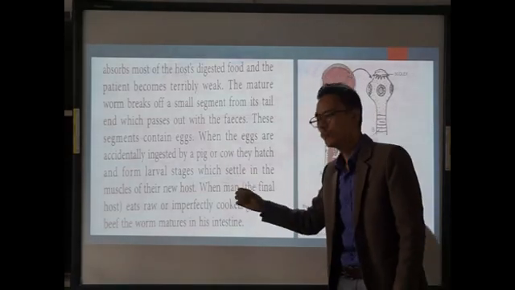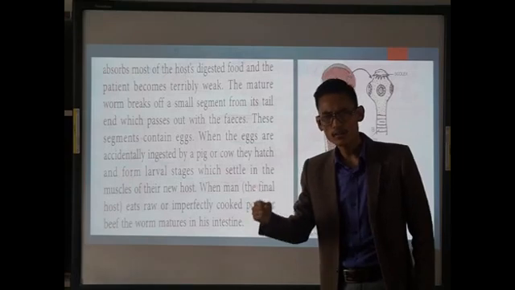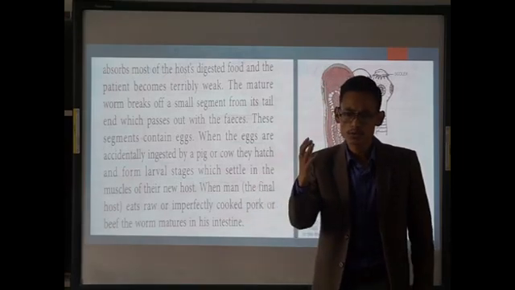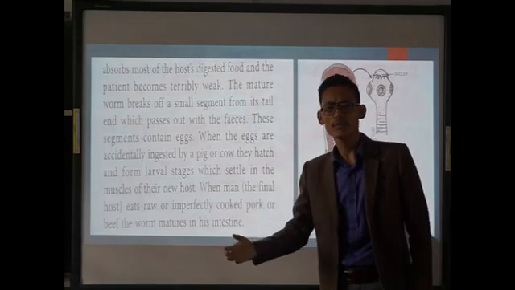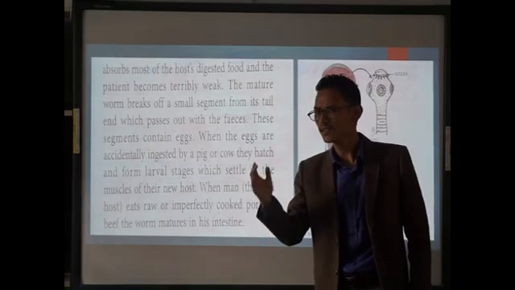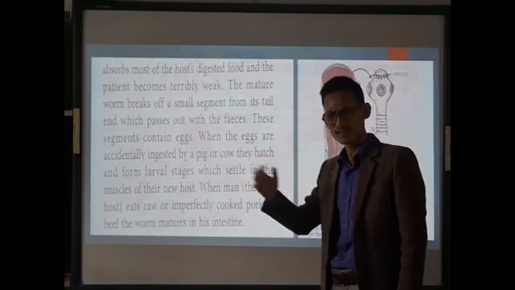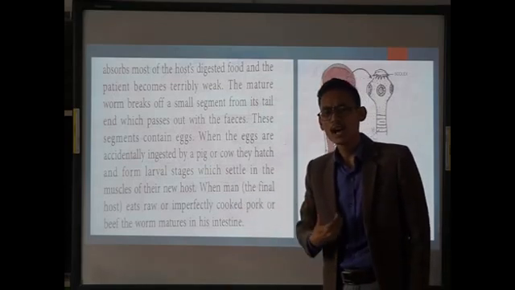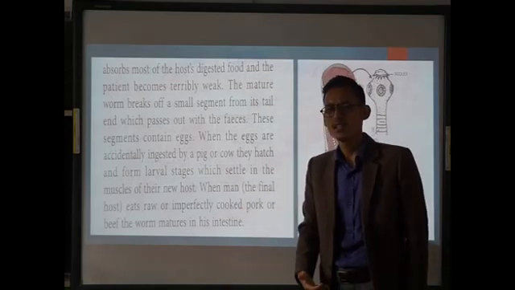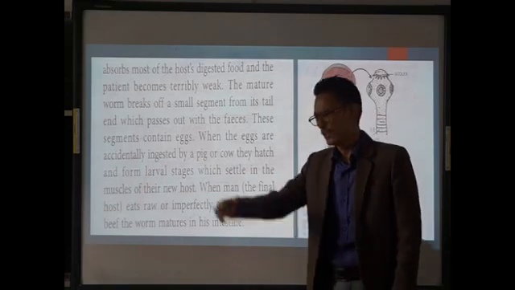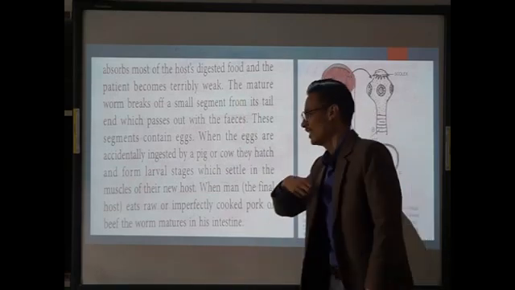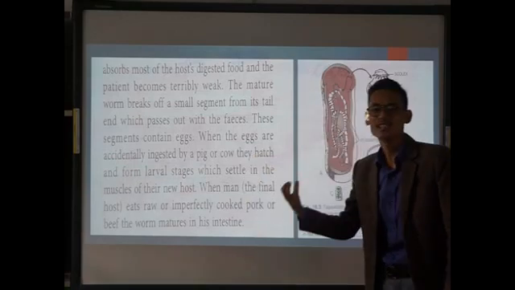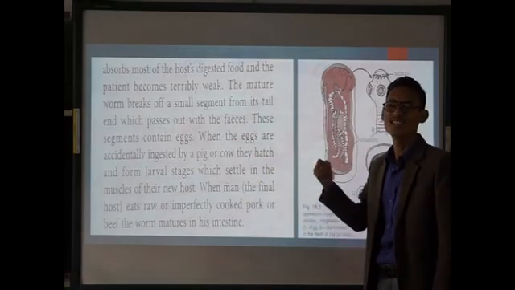And once the final host, the human being, eats the pork or beef that contains the larval stage of Taenia solium, the larval stage enters the body of the host along with the meat. It reaches the intestine and starts maturing there. Then again comes the Taeniasis.